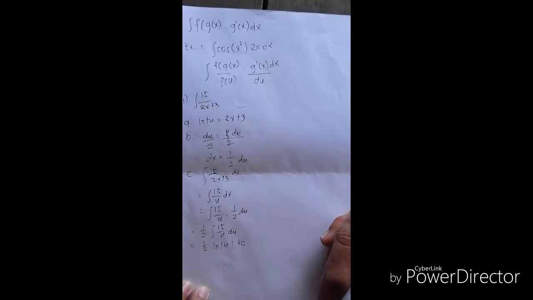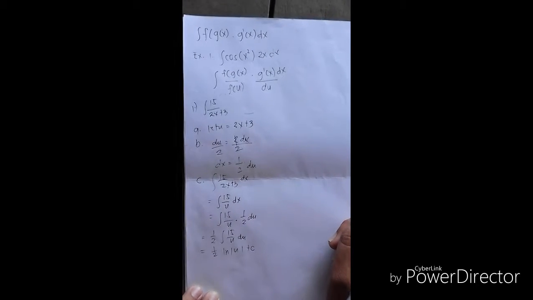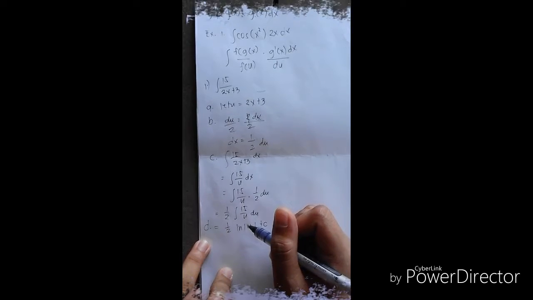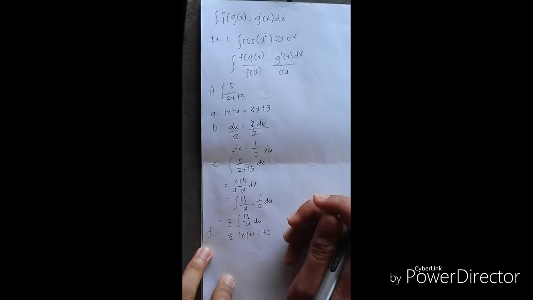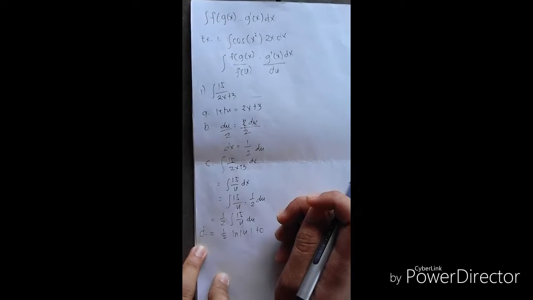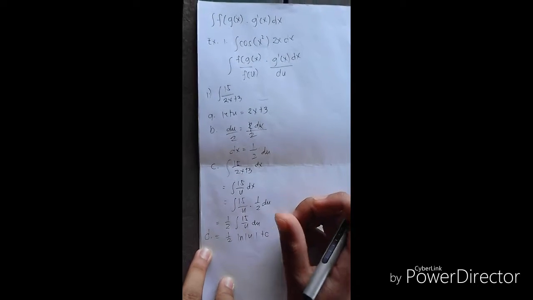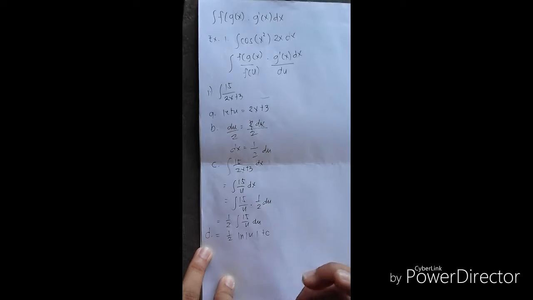And our last step for doing this integration with substitution is to return to the initial variable. Don't be confused by our last step, because as we have said previously, our last step is to return to the initial variable x, because it depends on the equation, for example ln of x plus c.